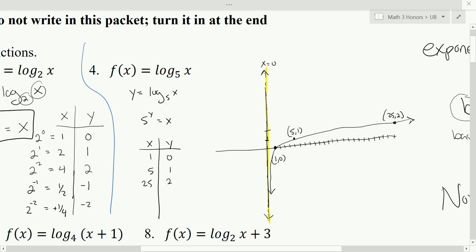And you want something like this. Got a vertical asymptote at the y-axis. You find 3 points that it goes through. And it's increasing, but increasing very slowly.